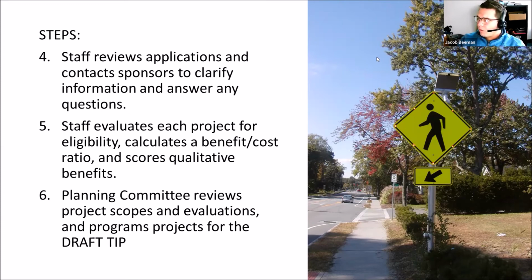From there, the planning committee reviews a number of different output documents that we provide after all evaluations are done, and I'll talk about those in the next slide. So the planning committee reviews all the candidate projects, and then from there programs by year and by fund source for the new TIP in real time at a planning committee meeting.